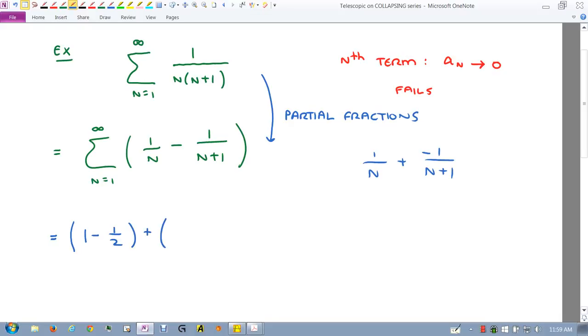Plus, now plug in 2. 1/2 minus a third. Y'all agree? Next one. 1/3 minus a fourth. Plus, I'll do one more. 1/4 minus a fifth. Plus dot, dot, dot. That's what it is, right?